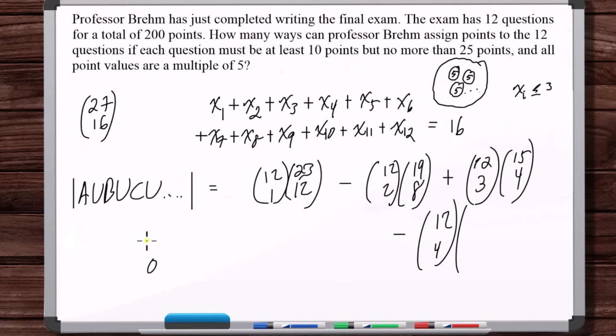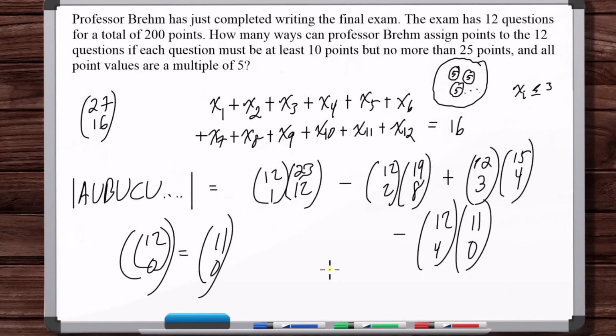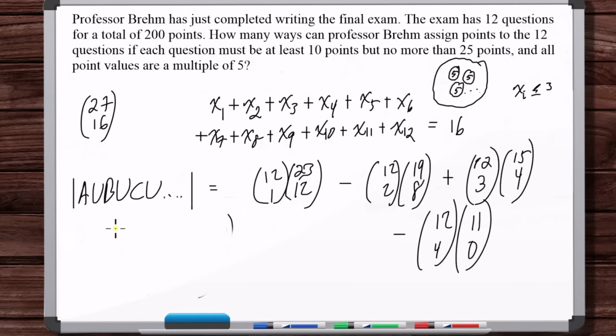So you're doing 12 choose 0, which is just 1. And that's it.